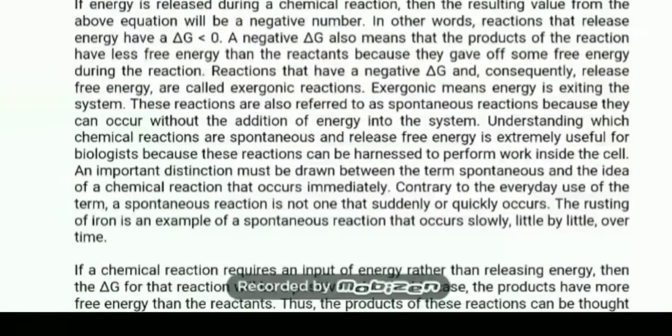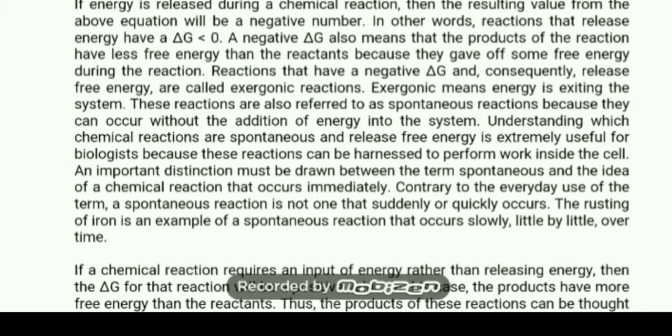As we know, if energy is released during a chemical reaction, then the resulting value from the above equation will be a negative number. In other words, the reaction releases energy that has a value less than 0, delta G less than 0.